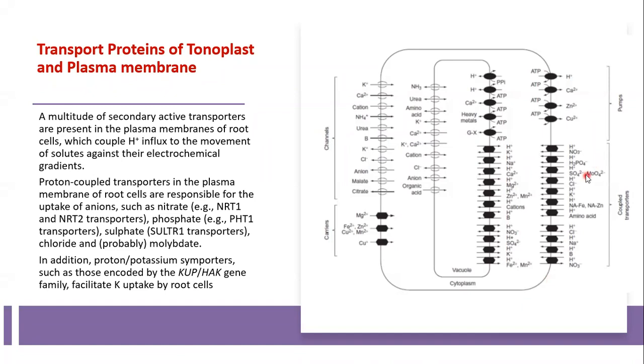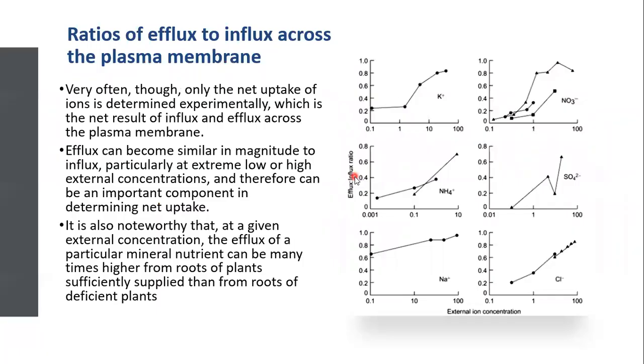They are also dependent on the gradient developed by these proton pumps. And the cations, potassium and others, are also dependent on H+. The movement, influx or efflux, through the plasma membrane or biological membranes is different; it is not similar for all ions.